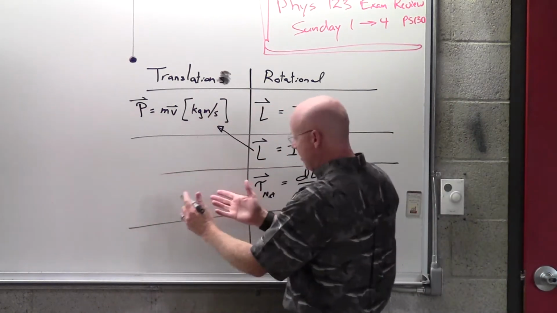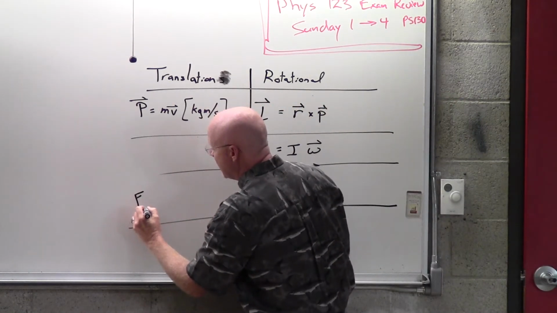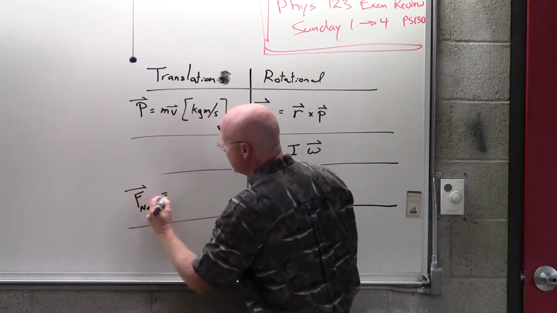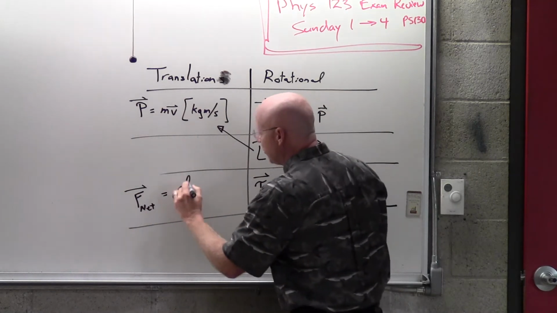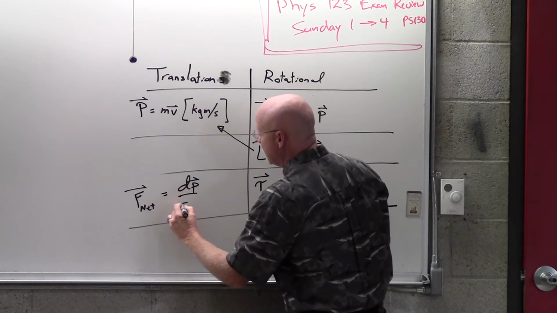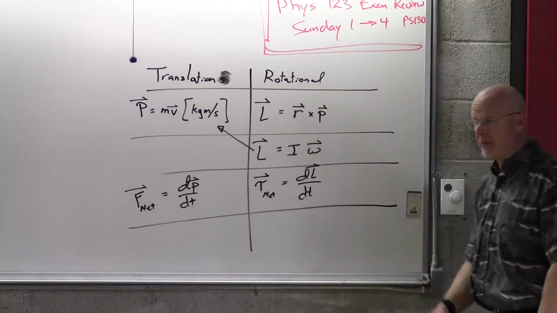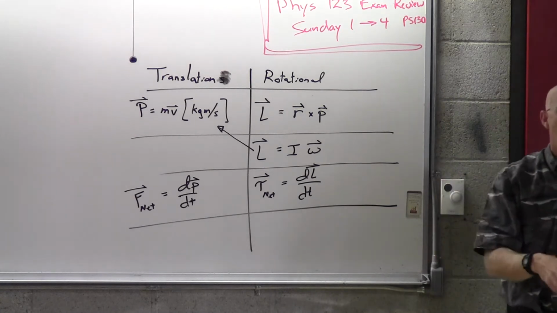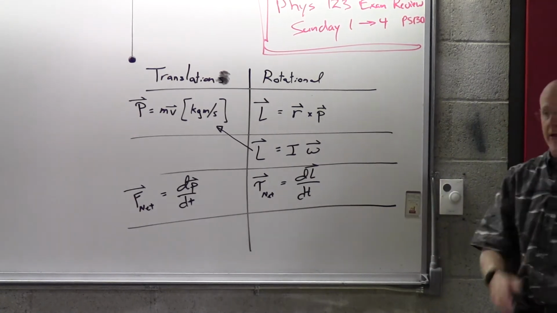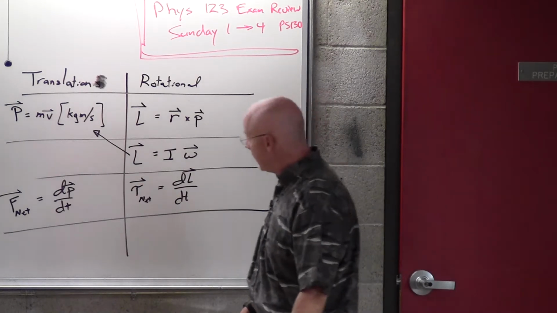And didn't we do the same thing in chapter 9? Didn't we have over here an equation that said the net force on an object is equal to the change in momentum of that object? Now, granted, that was before spring break, but that was really our first step, our first section of chapter 9. Right?